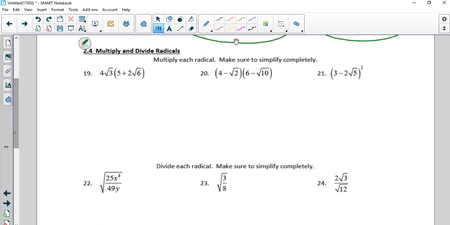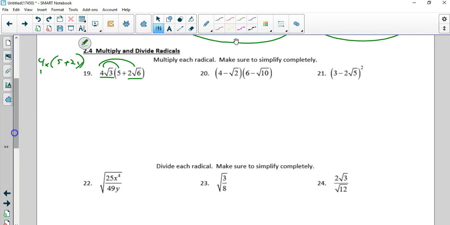Okay, multiply. We're going to distribute this to the 5 and to the 2 radical 6. And we're going to use our any-outie rules. So when we do 4 radical 3 times 5, remember, this is similar to 4x times 5 plus 2y.